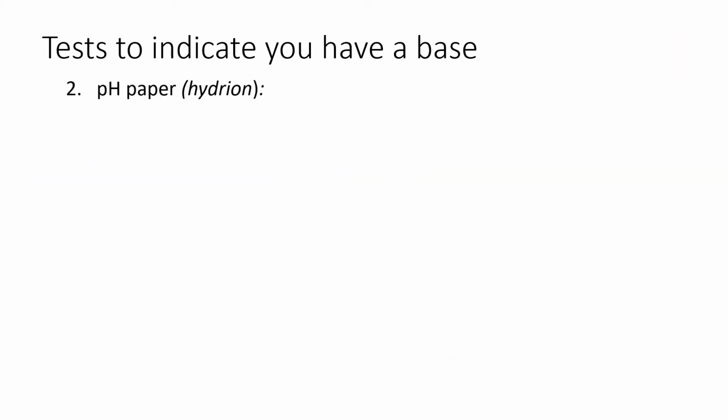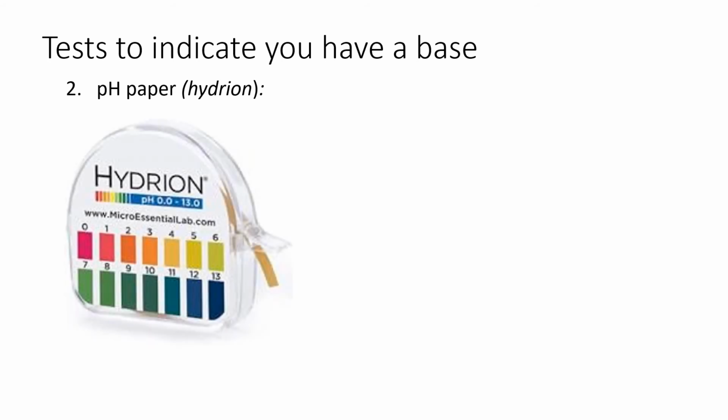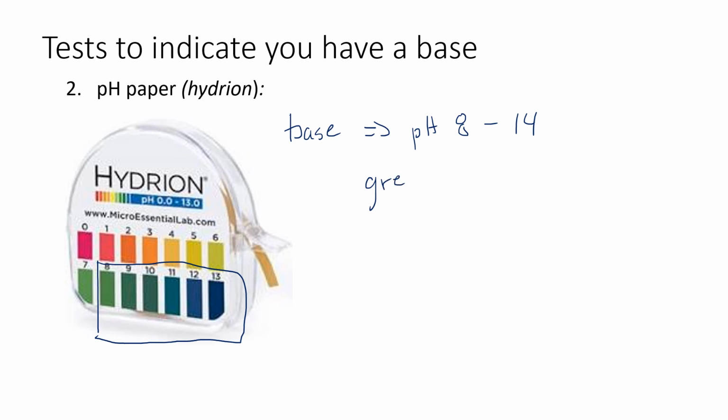So pH paper, it basically can turn a variety of different colors. So if we're looking at a base, it will turn any of these colors here. Because again, if we're looking at a base, the pH of bases is anywhere between pH 8 to 14. So my color ranges, if it is green, and when we're talking about green, we're talking about dark green, it means you have a relatively weak base.